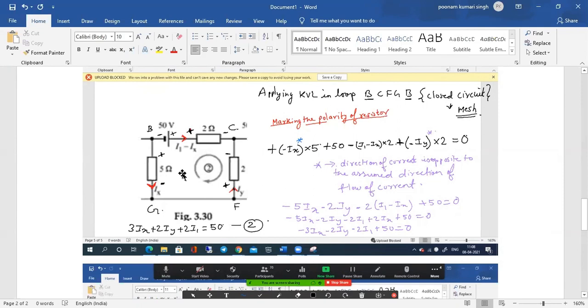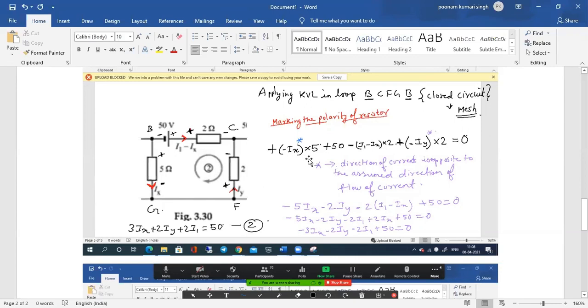Now when I move in clockwise direction, if I'm going from negative to positive, it is always a rise. So that's why there is a plus sign here. But when I calculate the drop, or the voltage, which is nothing but current into resistance, my assumed direction of current is clockwise, but here it is showing that the current is flowing in anti-clockwise direction. So I have to take a minus sign here.